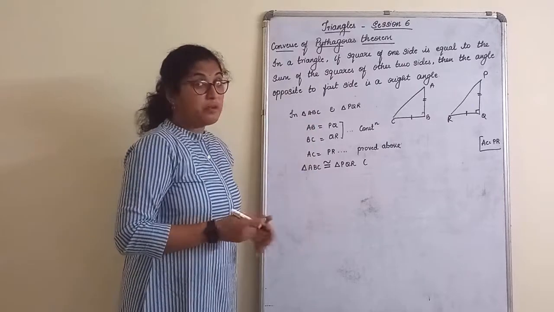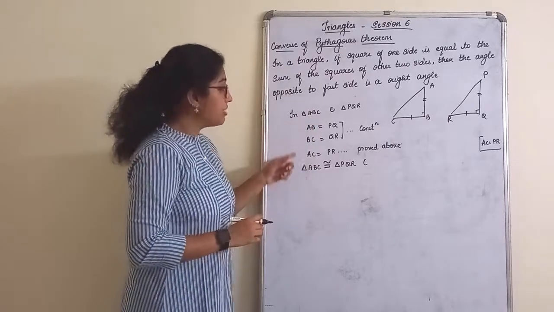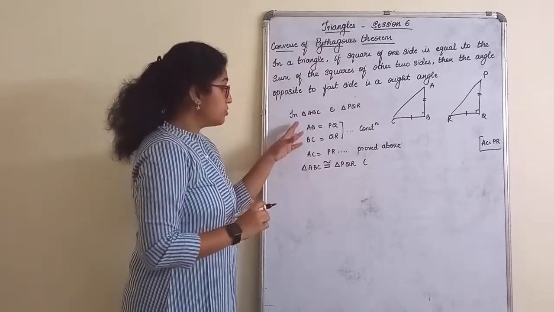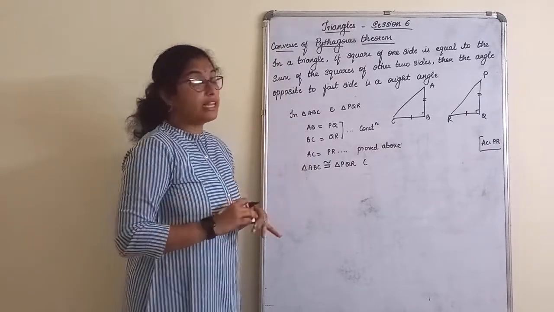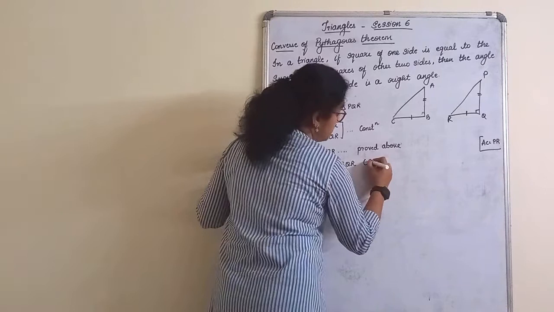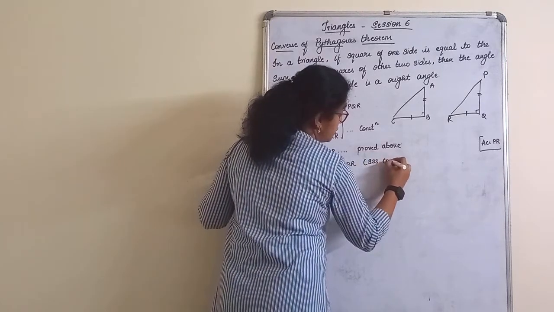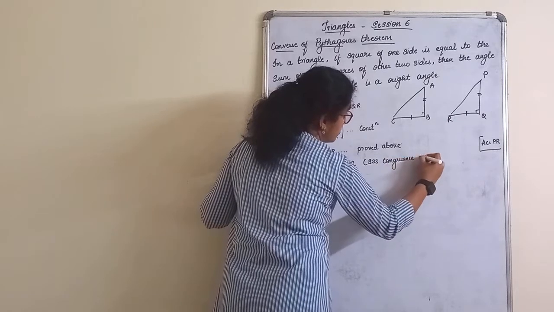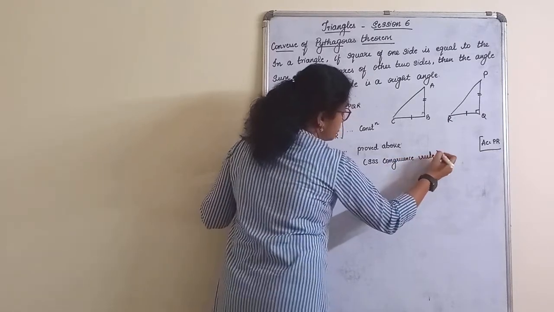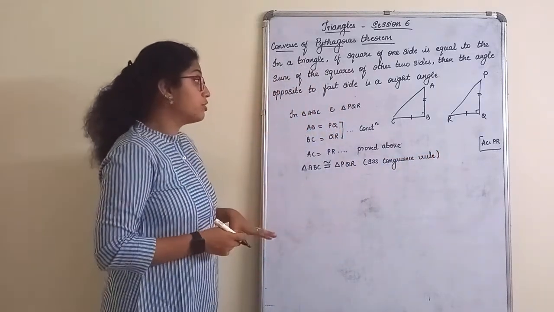We are not proving proportional sides here. We are proving the sides are equal. We proved that these two triangles are equal and congruent by triple S congruence rule. We were so much into similarity, so I forgot about the congruency part.